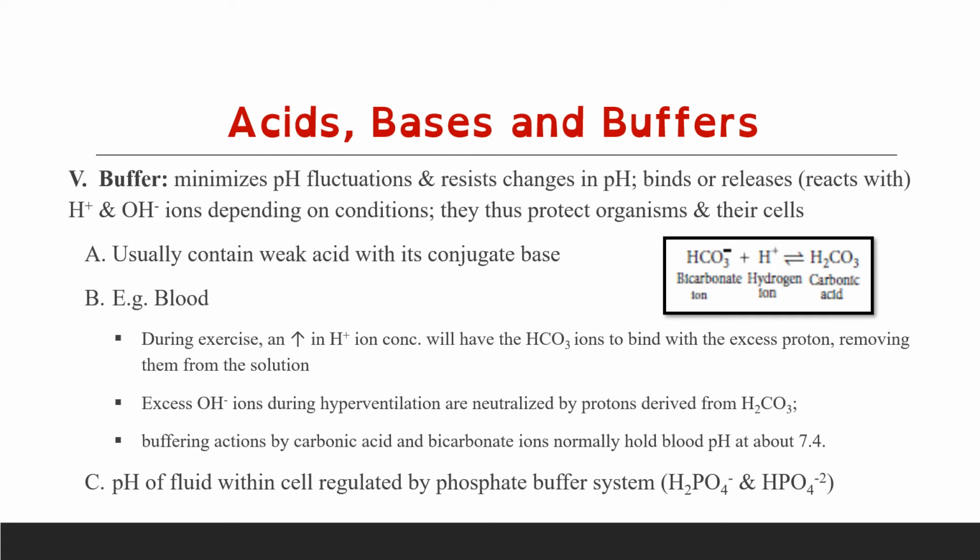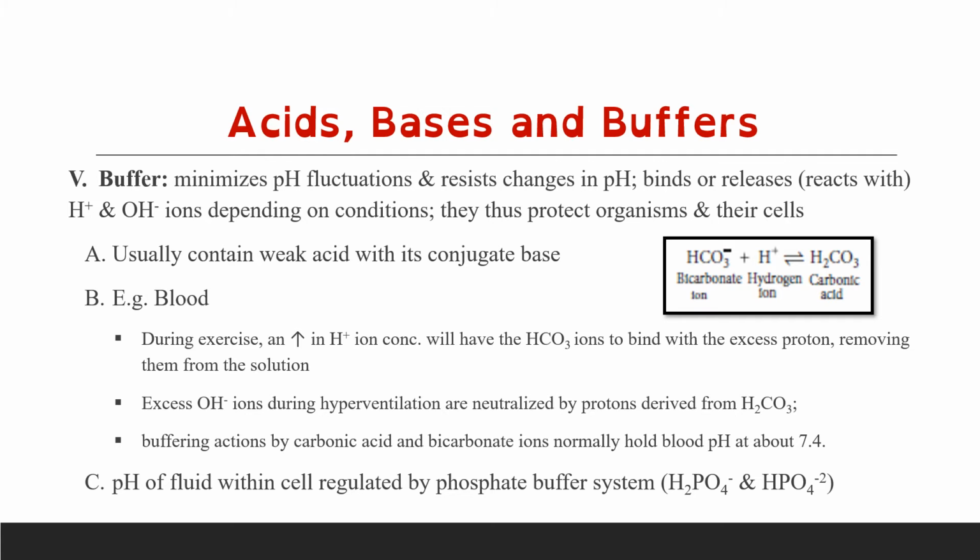Take a look at this simple formula containing the bicarbonate ion and the carbonic acid. During exercise, an increase in the hydrogen ion concentration will have the bicarbonate ions bind with the excess protons, removing them from the solution.